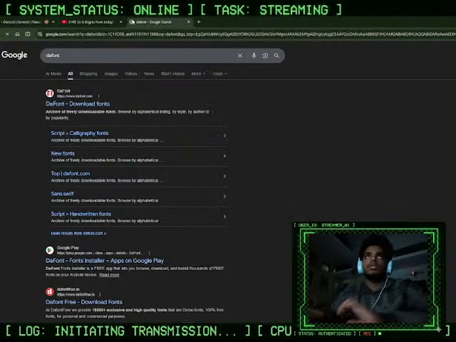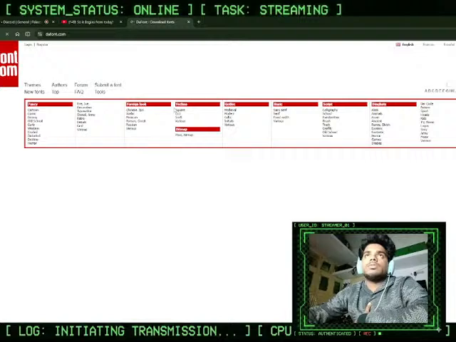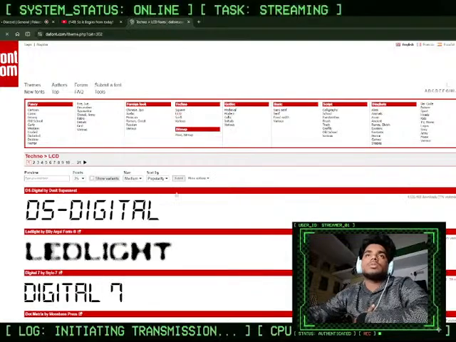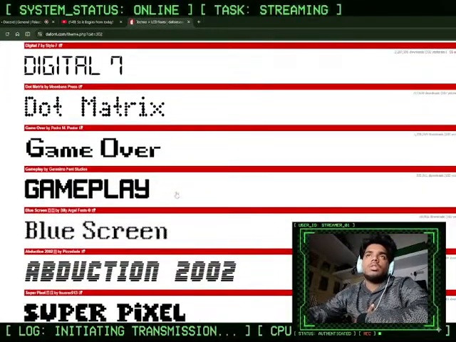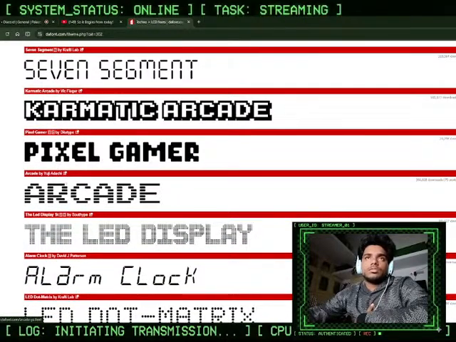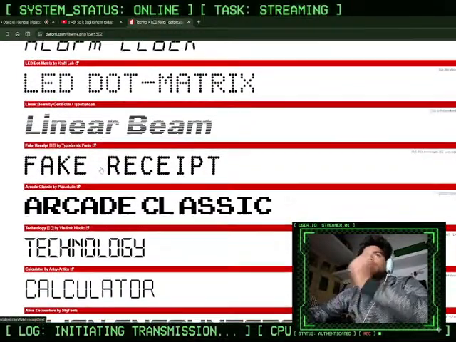Everything in this thing is for personal use. I need more space, computeristic fonts, basic calligraphy. This one, I think this one works.